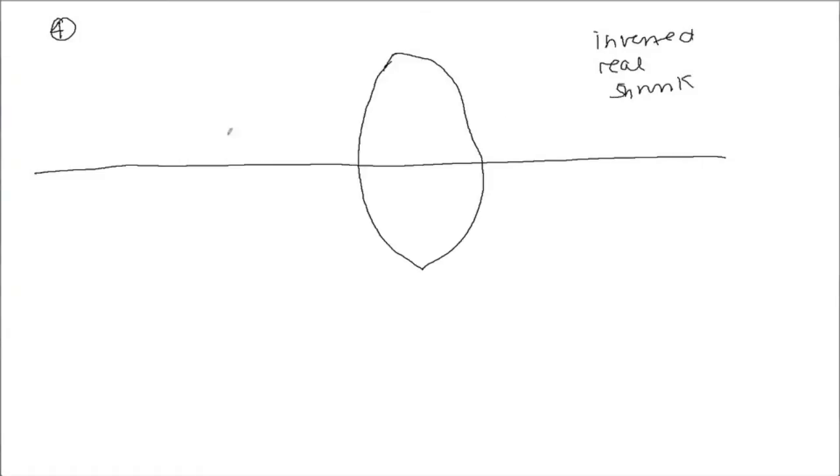So I should draw it really big. And so it's 30 centimeters from the lens. It's going to be inverted, real and shrunk, so we know it's going to be somewhere here. And we know our F is like here.